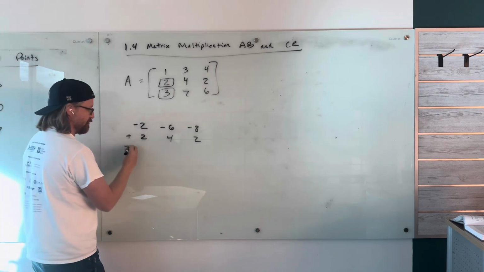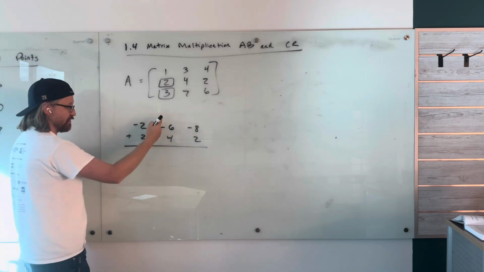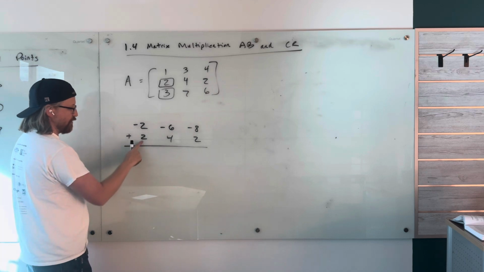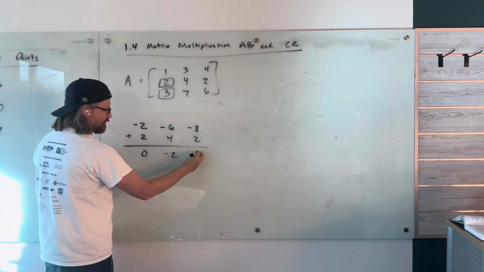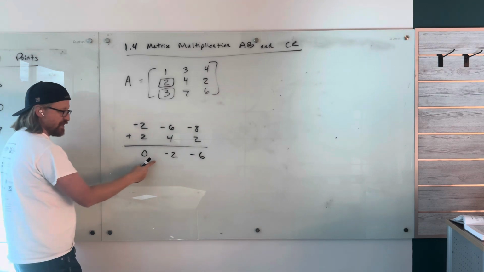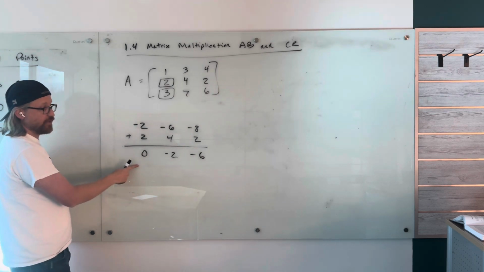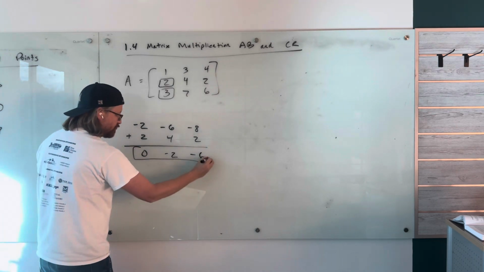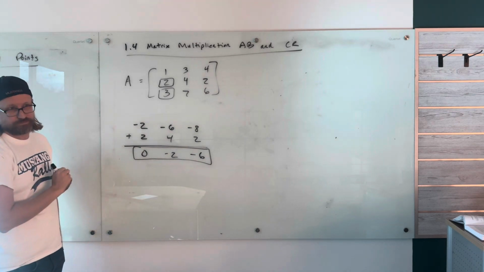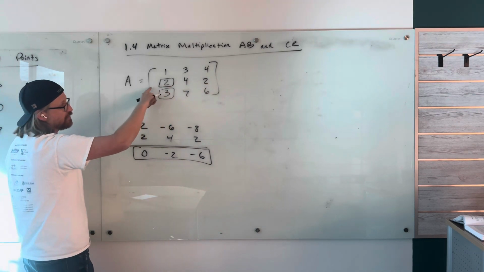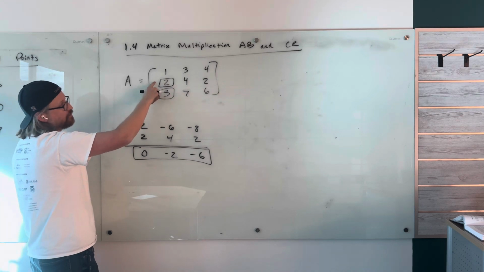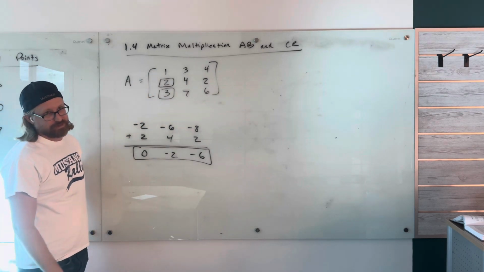So if I add, just going straight down, I would get 0, -2, and then -6. These three components are my new row 2. In other words, what I'm doing is replacing this row by adding it with -2 times row 1.